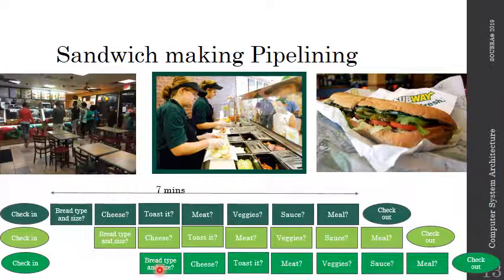Now, this is pipelining. The question is, how much time does it take now that I've pipelined the whole process to serve all 3 clients? Well, it's not 7 times 3 equals 21 anymore. It is the original 7 minutes, and for every additional minute, I'm getting 1 client checking out.